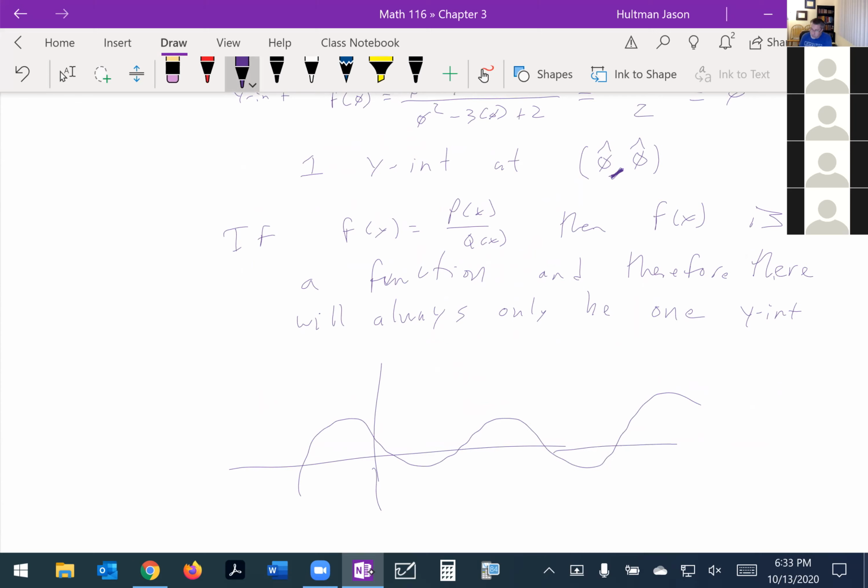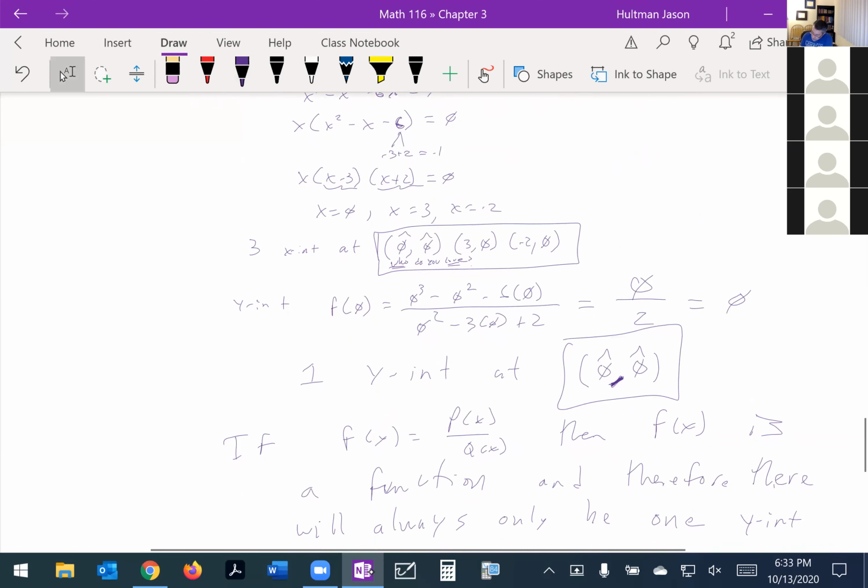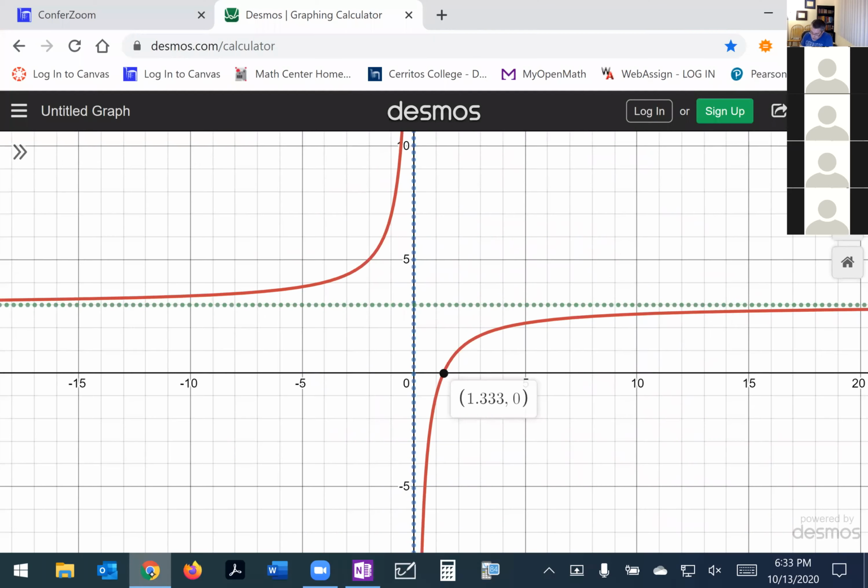Why? Because if it had more than one y-intercept, it couldn't be a function. It would fail the vertical line test. It can have multiple x-intercepts, but it can only have one y-intercept. So there's the one y-intercept. Here's the three x-intercepts. So let's see what this bad boy looks like, and see if we got it right.